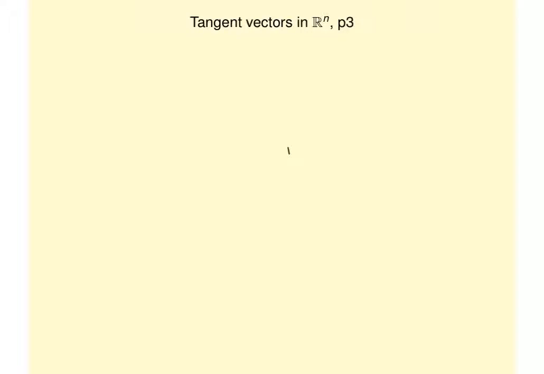Now, terminology and notation, I'll use capital T subscript little x of Rn to be the set of all these pairs starting at little x, such that capital X is in Rn.